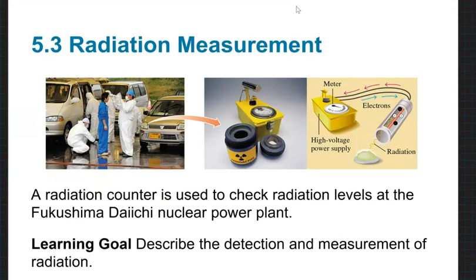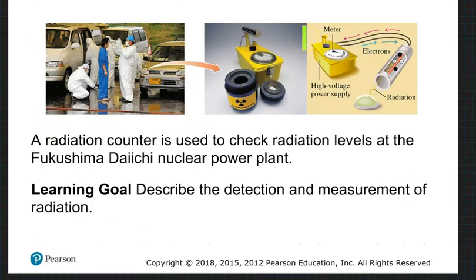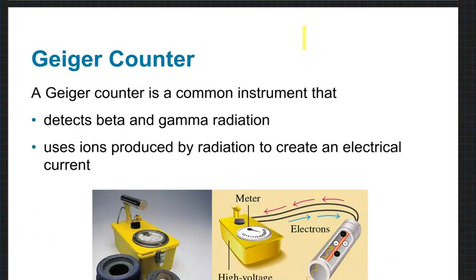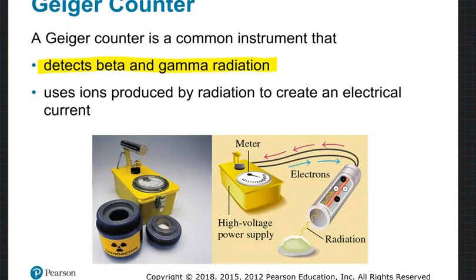So you already did the radiation measurement, okay? So Geiger counters detect beta and gamma, which is good because alphas are not particularly dramatic.